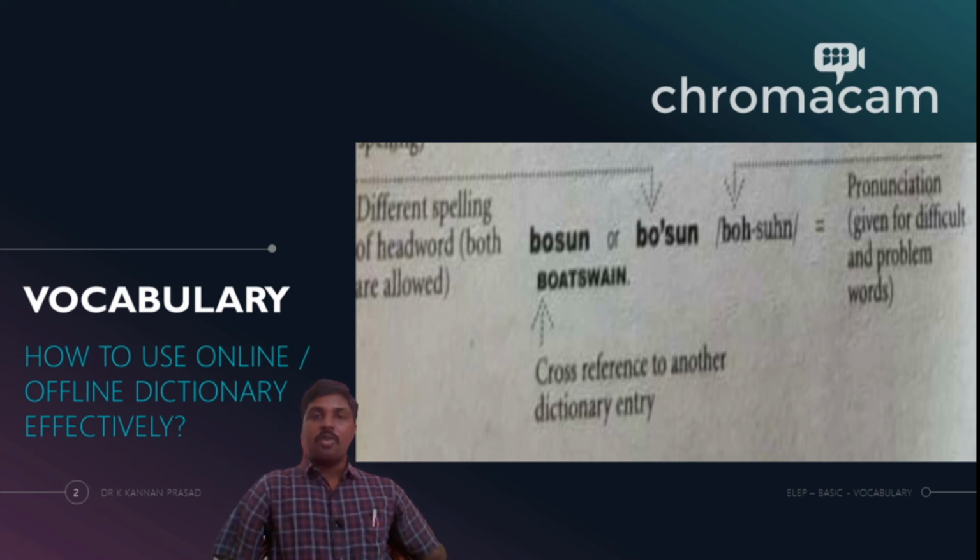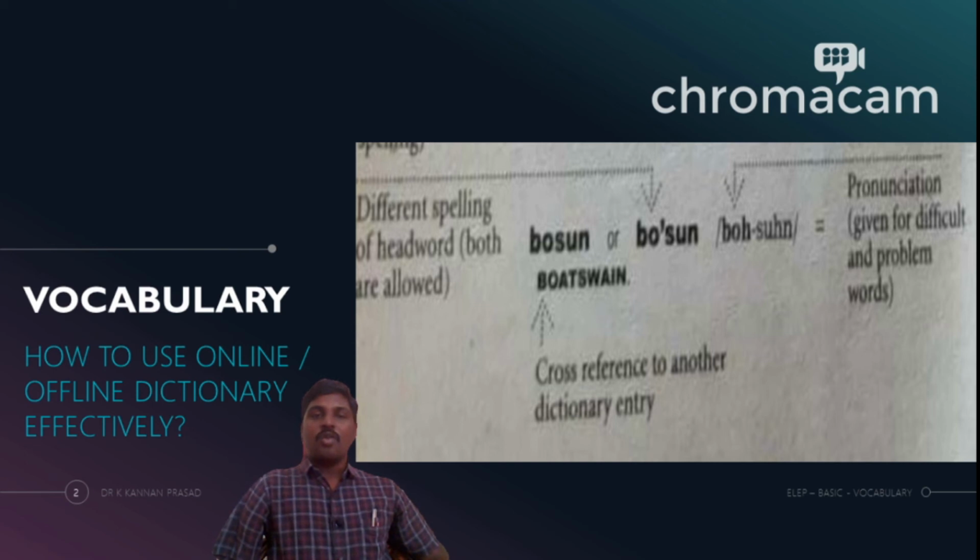Now this is what you see next to both these words within angular lines right over here. You see that this is something which you have not seen in any other example, but it is a script which uses English, but you may not understand what is given there. But then we will have a deep look at it. This is the way in which the word should be pronounced.